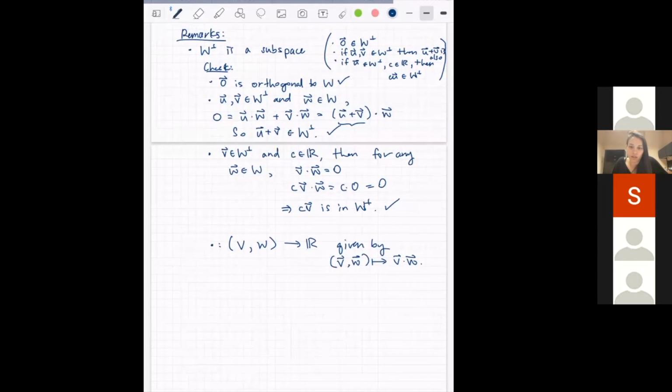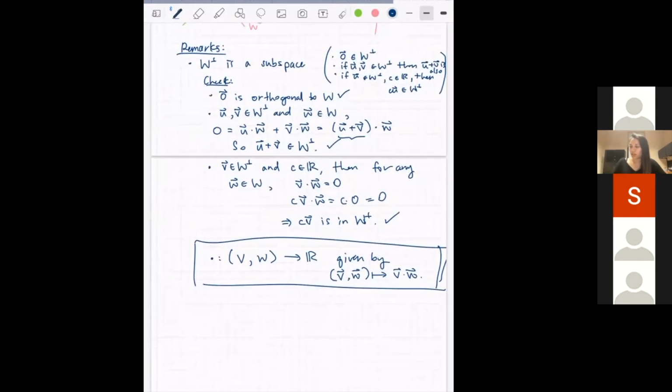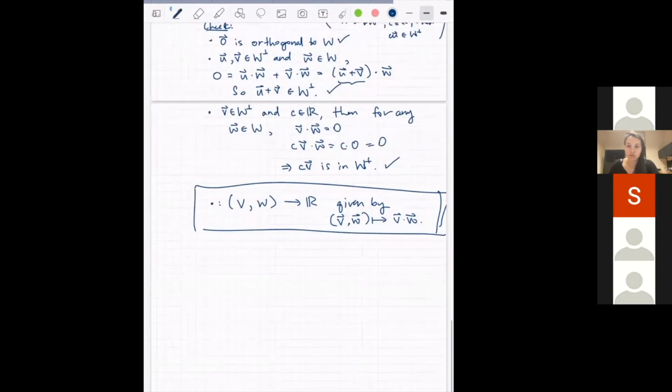I guess, yes, that would work, but it's also not that hard to check that it's a subspace too. Does that answer your question? I mean, I guess. Yeah. Okay, cool.